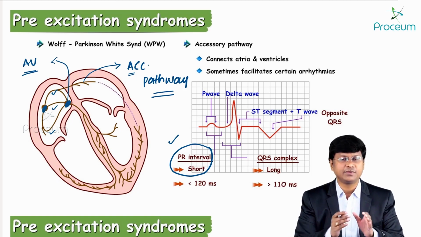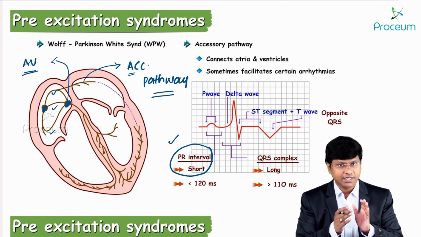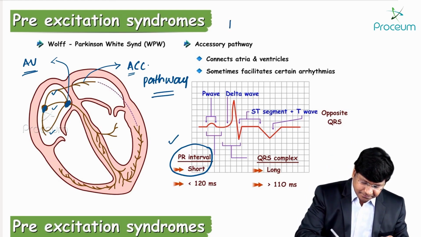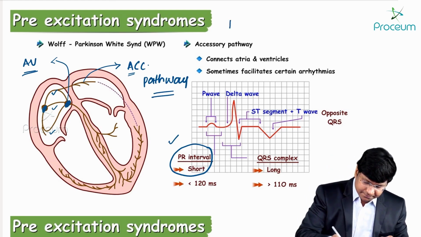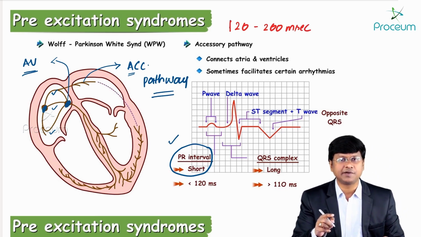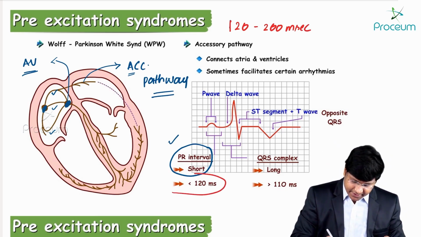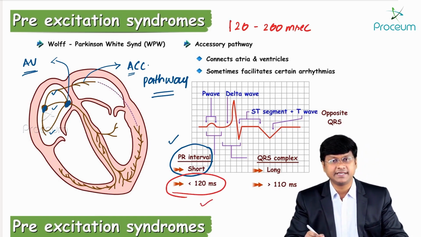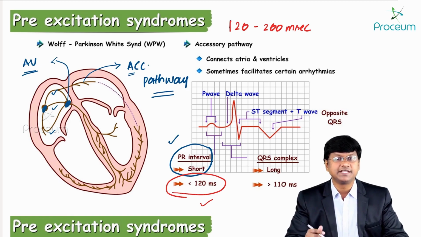Now, the point you should understand is, what is the normal PR interval? The normal PR interval is around 120 to 200 milliseconds. So when you use the term short PR interval, it will be less than 120 milliseconds. That is your short PR interval.